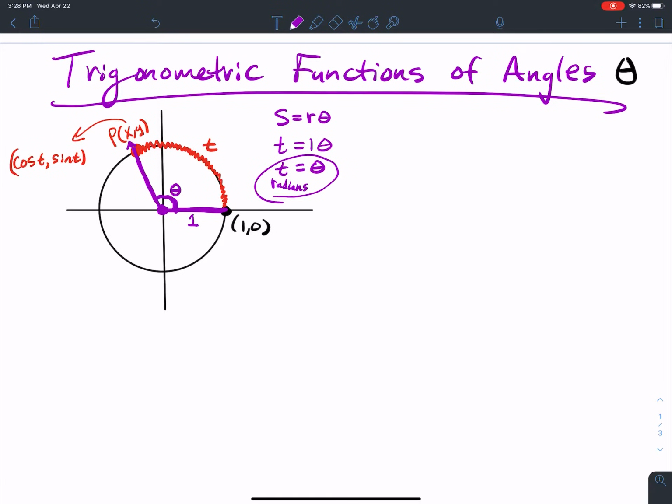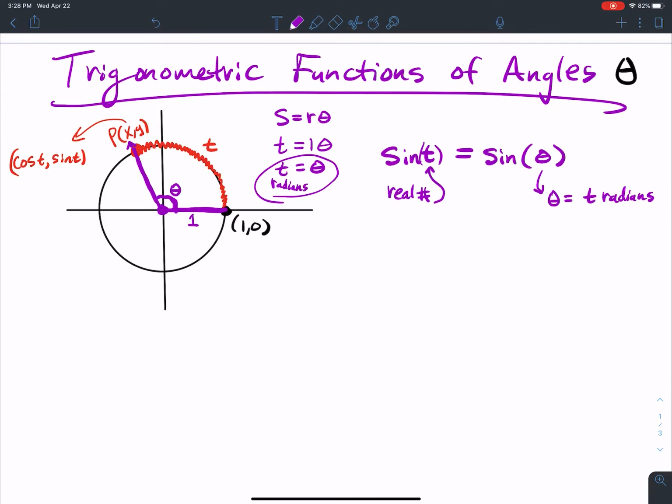As a result, the sine of t, where t is some real number, is the same thing as the sine of theta, where theta is equal to t radians. You can do it with the cosine and the tangent. Now, we can define the trigonometric functions of the angle.